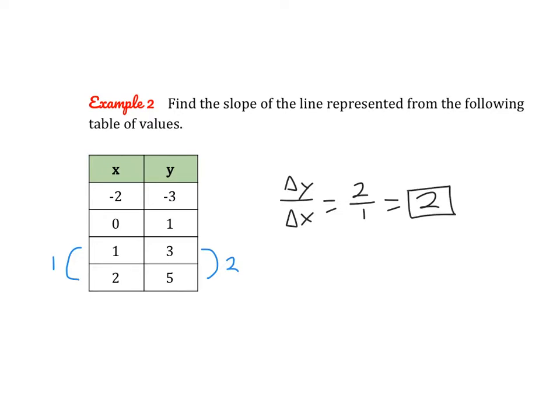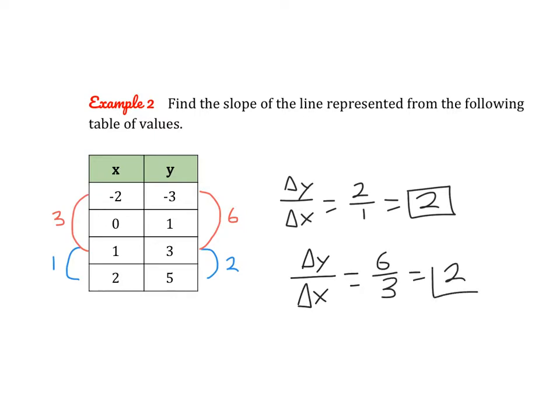Just to double check, let's say between here and here. Between -3 and 3, that is a change of 6. I go up 6. And from -2 to 1, that gives me a change of 3. So when I do change in y over change in x, I get 6 over 3, which is also 2. So I know that our slope is correct.